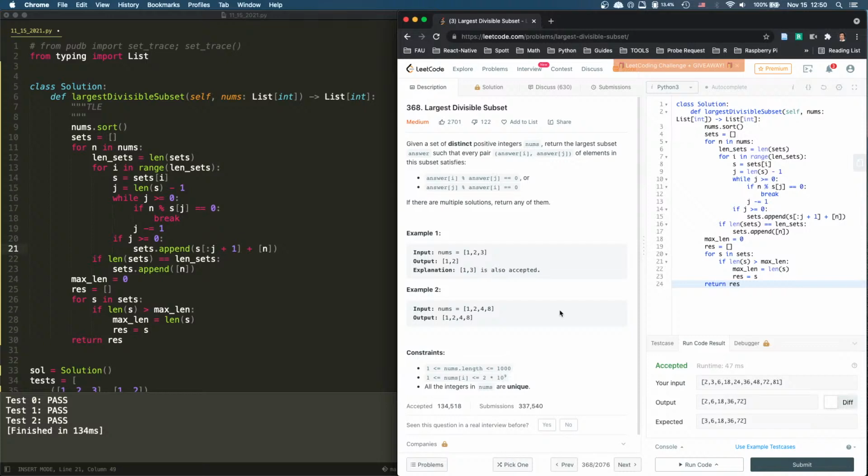Yeah, because only the numbers that have factor 2 have the potential to be divisible by each other. If a value does not have a factor 2, that will not be in that set. Okay, so that's the first level of division.